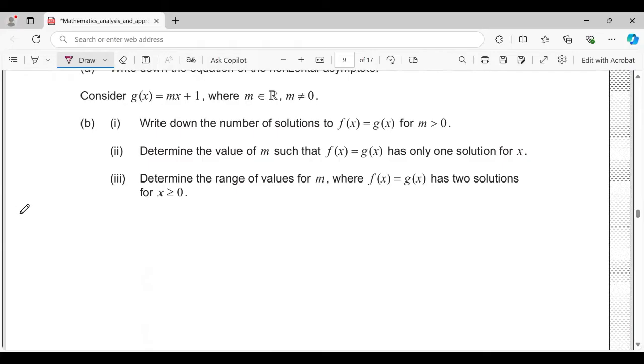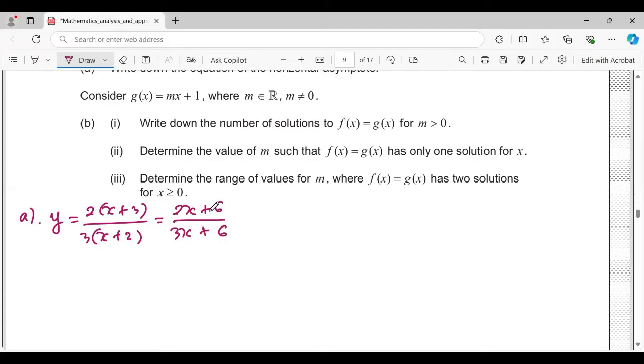So if the function is y equals 2x plus 3 over 3x plus 2, how to find the horizontal asymptote? Okay. Horizontal asymptote, comparing this x and 3x.